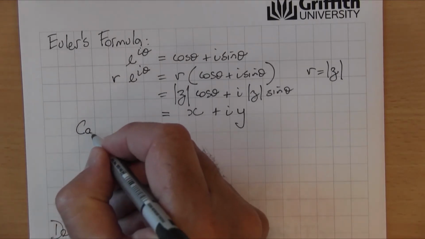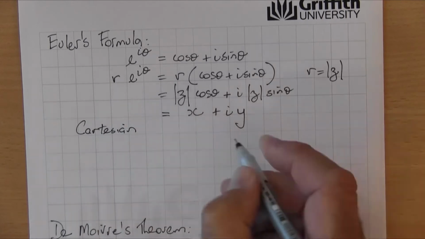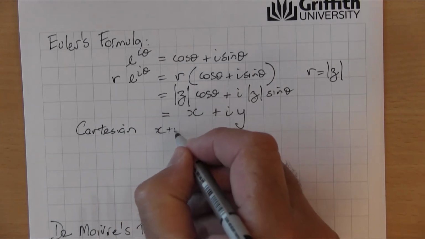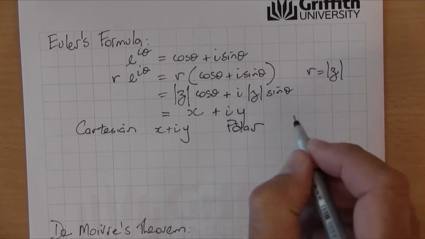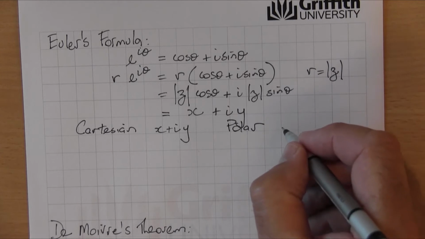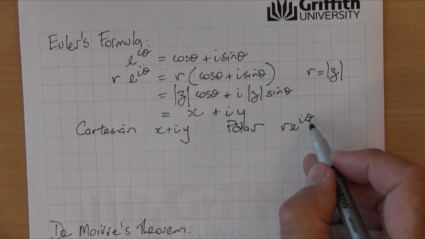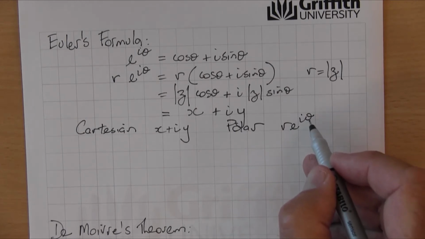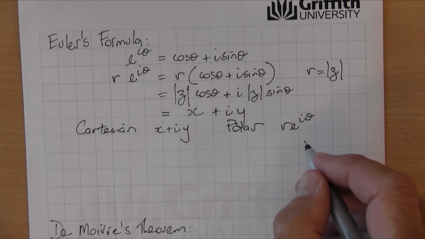So now we've got the Cartesian form of z, and that's x plus i y. And our polar form, which comes from Euler's formula here, is r e to the i theta, where theta is still the argument, that's the angle from the positive real axis, and r is the length.